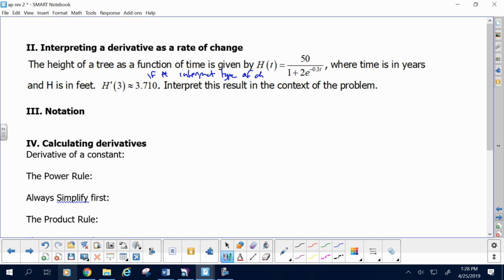So for this problem, for example, the height of a tree as a function of time is given by that function, where time is in years and the height is in feet. They give you h prime of 3. Interpret this result in the context of the problem. They would always say using appropriate units. I forgot to put that. So how would you interpret this result? That means make reference to the number in your explanation. So I would start by using the 3. At time equal 3, what units?